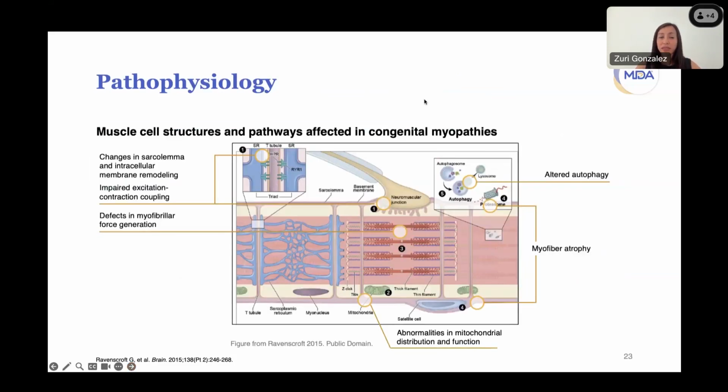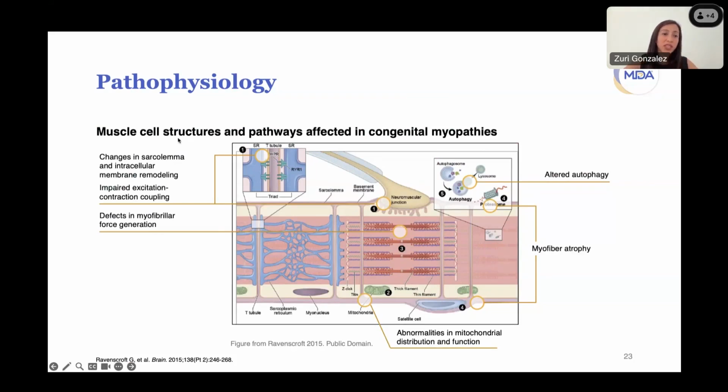Now that we have briefly talked about the main classification for congenital myopathies, we can group all the pathophysiology in 5 pathways that have been proposed and can explain these abnormalities.